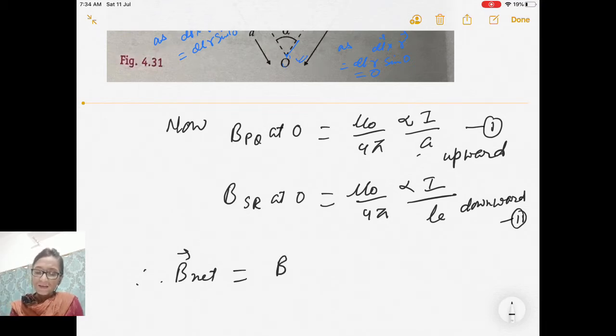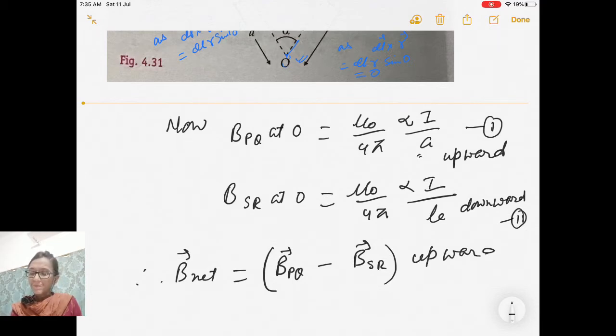So you can write BPQ minus BSR, as BSR is smaller, as denominator in case of BPQ is large and it is upward. So upward minus smaller downward. So net field will be only in upward direction.